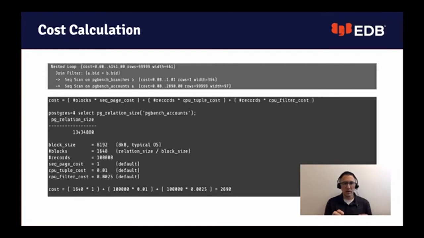You add the 100,000 rows in pgbench times the 0.01 CPU tuple cost, plus the same 100,000 rows times 0.0025, which is the filter cost. You add that all up together, and there you get 2890. And that matches up with what we saw in the query plan.